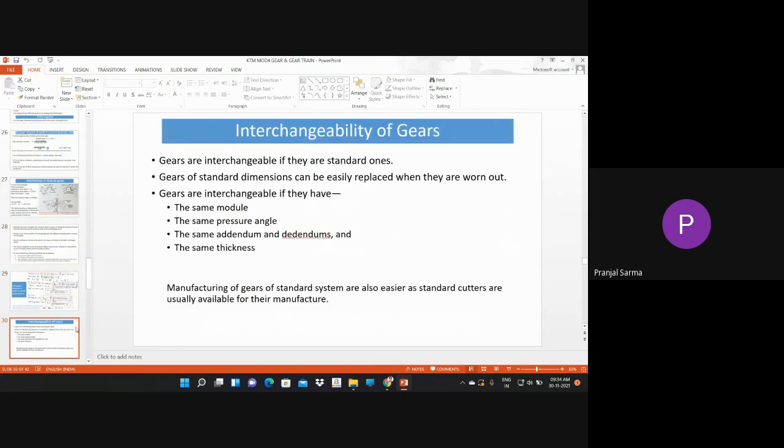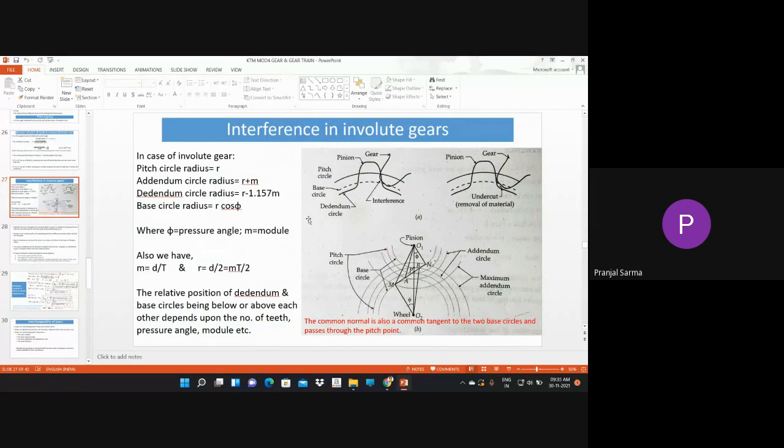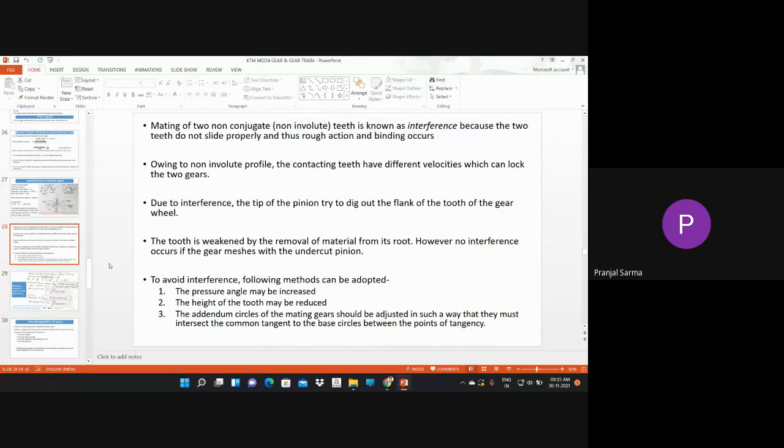Then we'll see what the minimum number of teeth is. There is a minimum number of teeth which is required for avoiding the interference. Then we have seen that this interference happens in involute gears, and also that there is a certain size relationship, a size requirement to it.